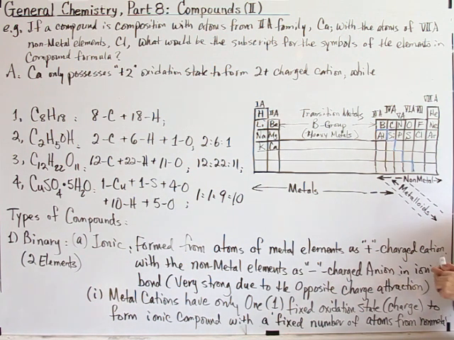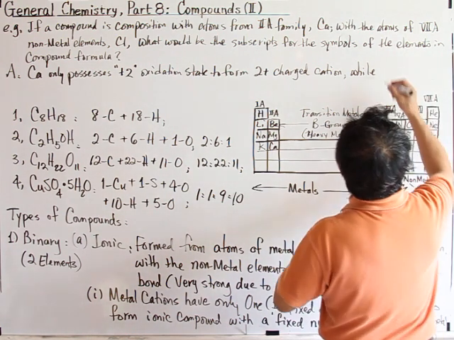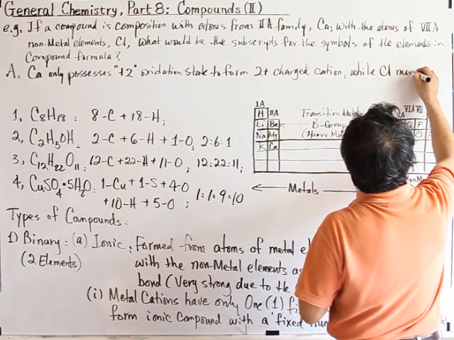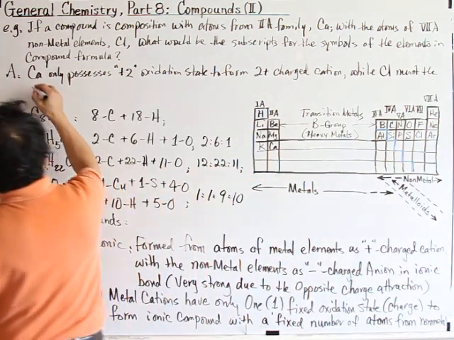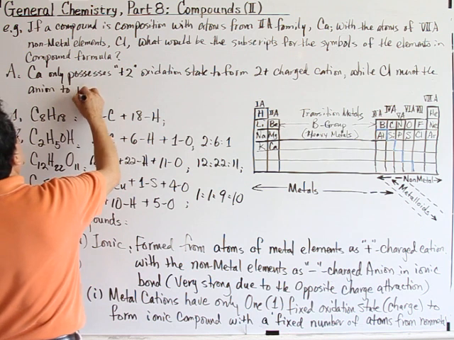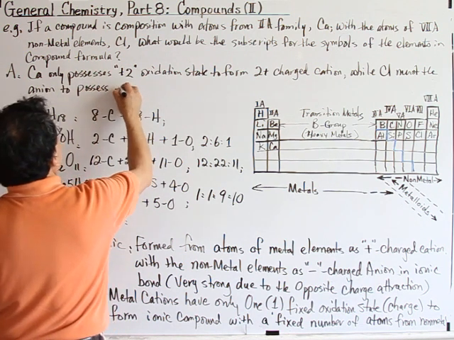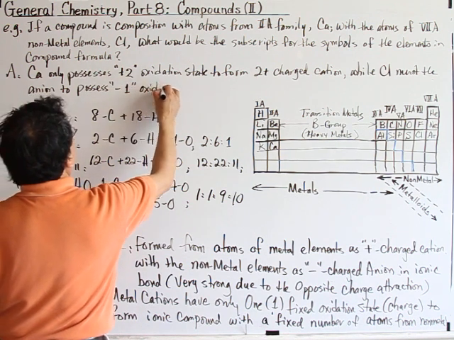So we have to pick the minus 1 as the oxidation state for chlorine. So chlorine must be the anion, to possess a -1 charged oxidation state, right?